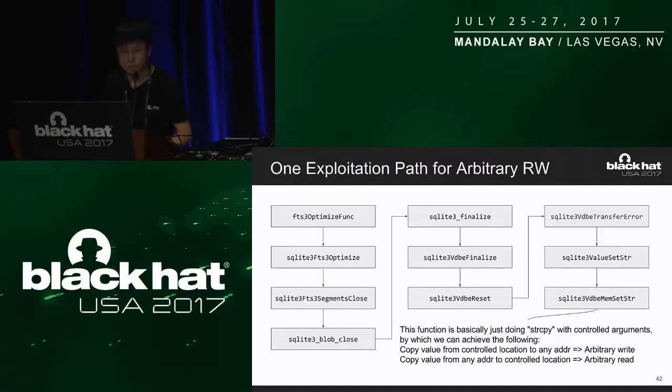By using this function, if we copy data from some controlled location to any other address, it is just doing memory write. On the other hand, if we use this function to copy data from any other address to some controlled location that we can read back, it is just doing memory read.